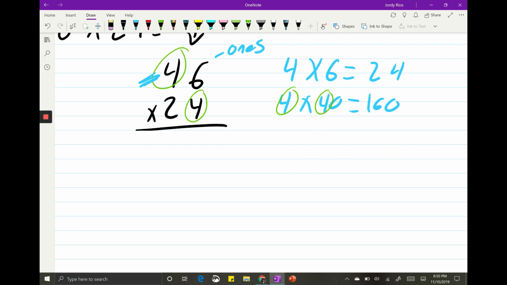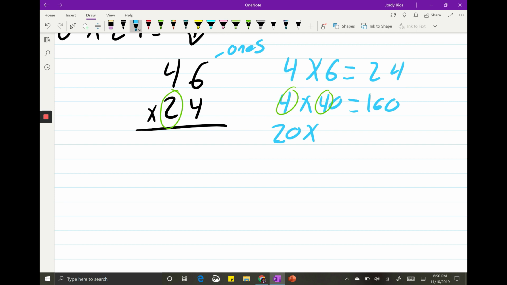All right, so let's move on. Now I'm done with the 4. Now I'm moving on to this 2. It's a 2, and the place value of 2 is the tens place, and the value of the 2 is 20.